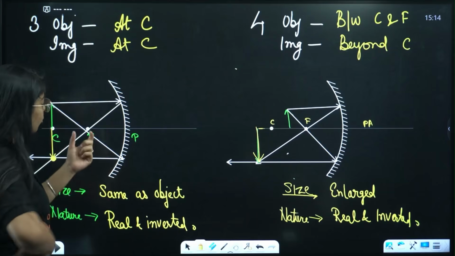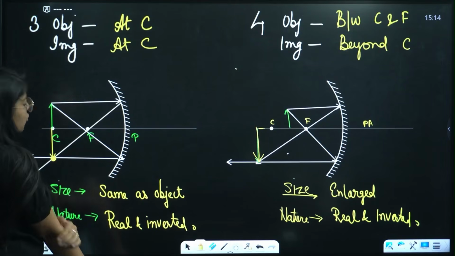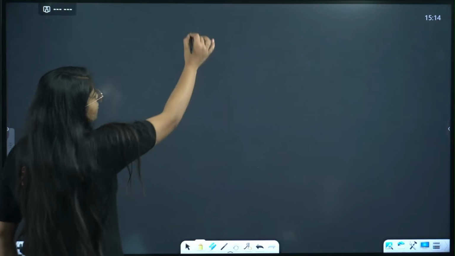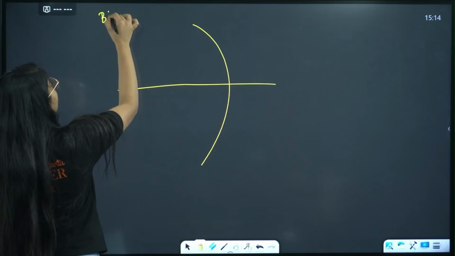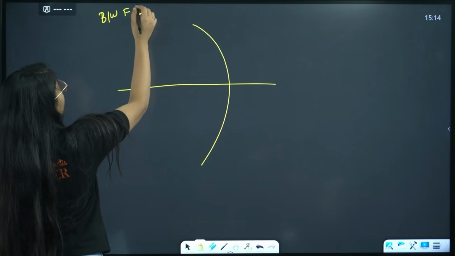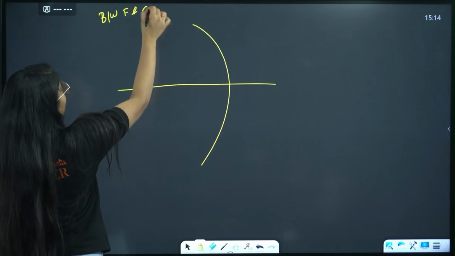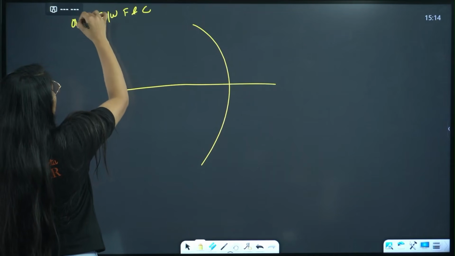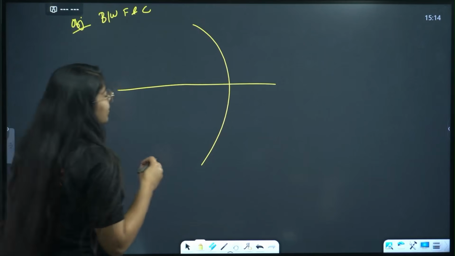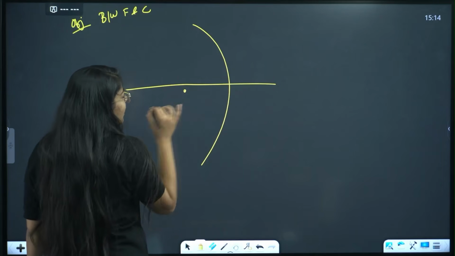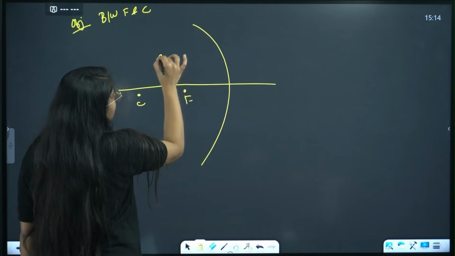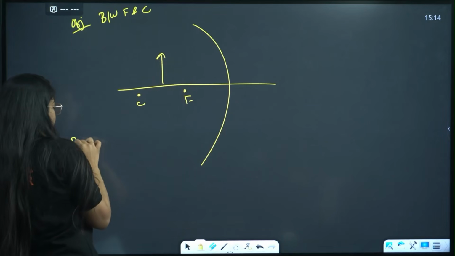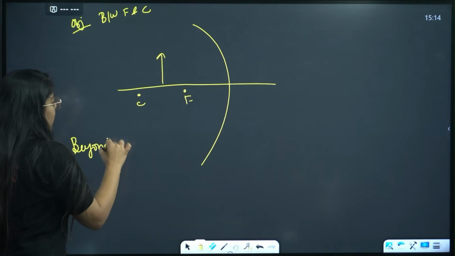Every time you make an image, let's say this is my concave mirror and the object is between F and the center of curvature. Just draw with a pencil, somewhere I'll take the focus and somewhere the center of curvature. Now the object is here. We know the image should be beyond C.